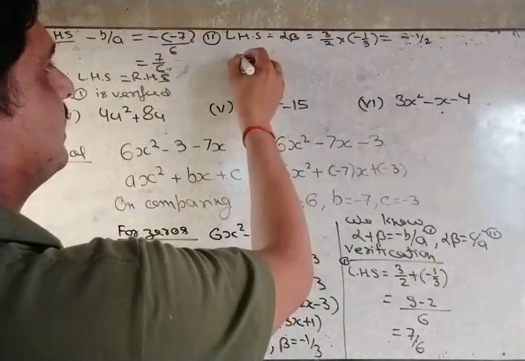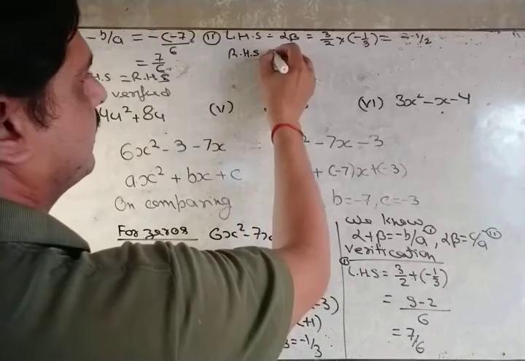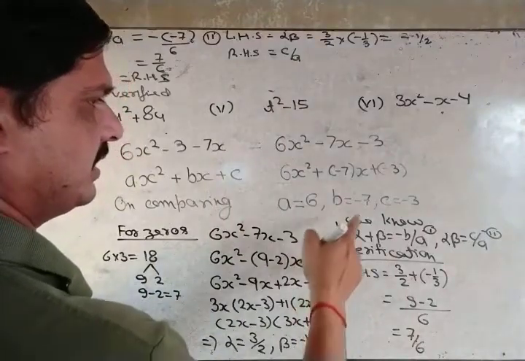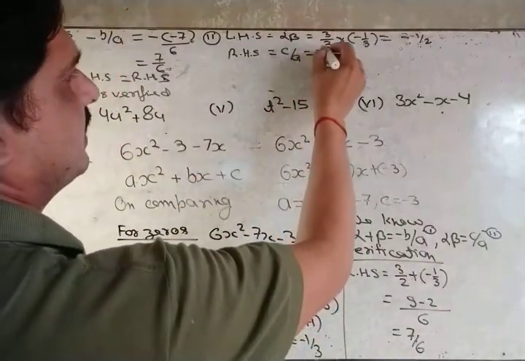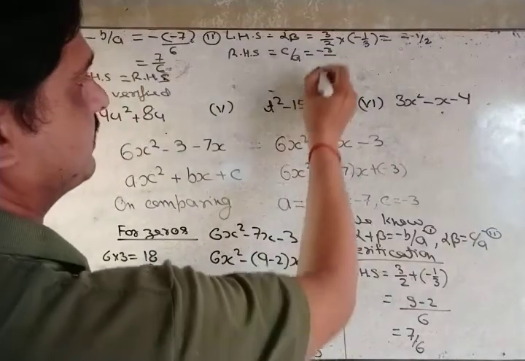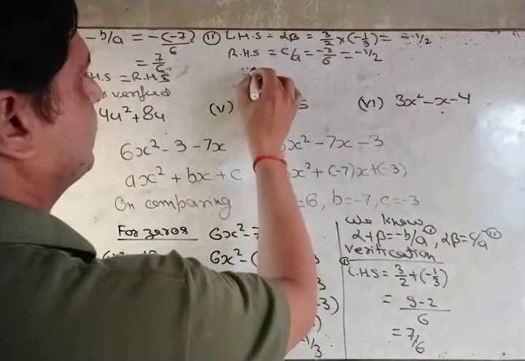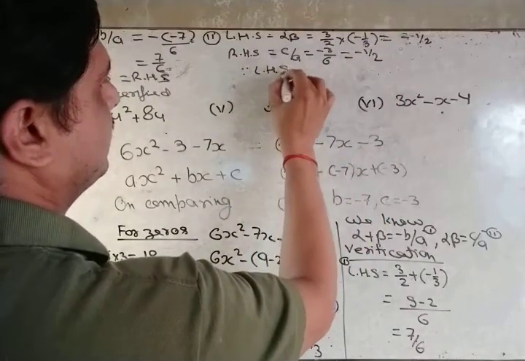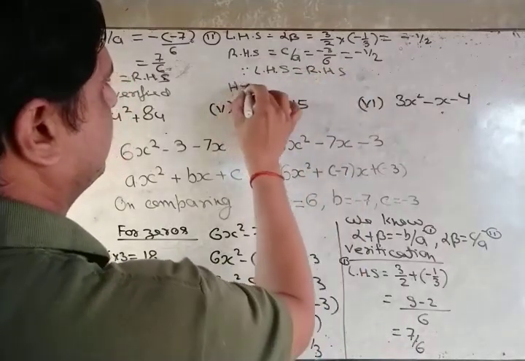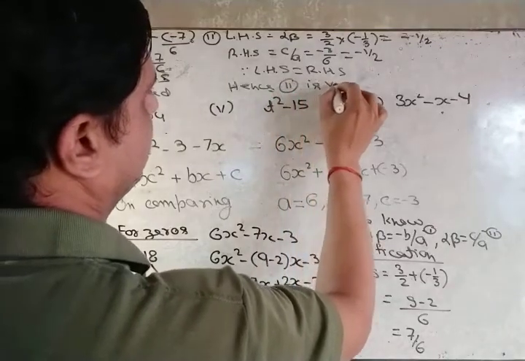And c by a: c is minus 3, and a is 6, you will get minus half. Since LHS is equal to RHS, hence the second is verified.